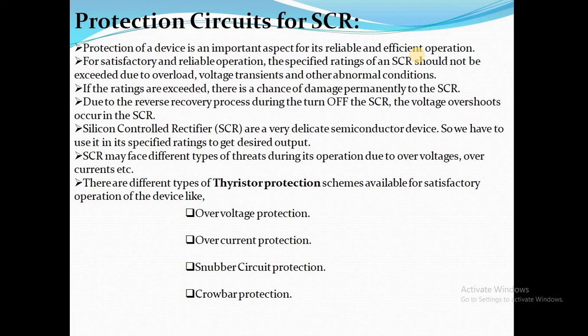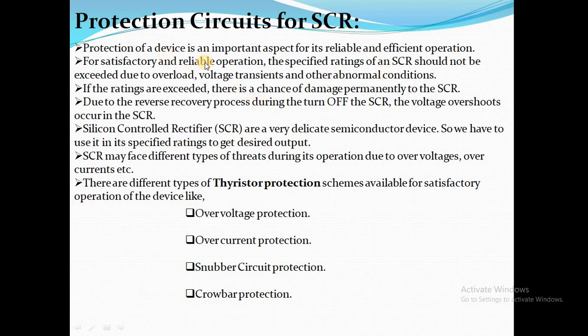In the same manner, whenever thyristors are used for operation, it is necessary to protect them, because some major faults are going to occur during operation. In such cases, protection circuits are very necessary. To get reliable and efficient operation, we need a protection device for every thyristor.